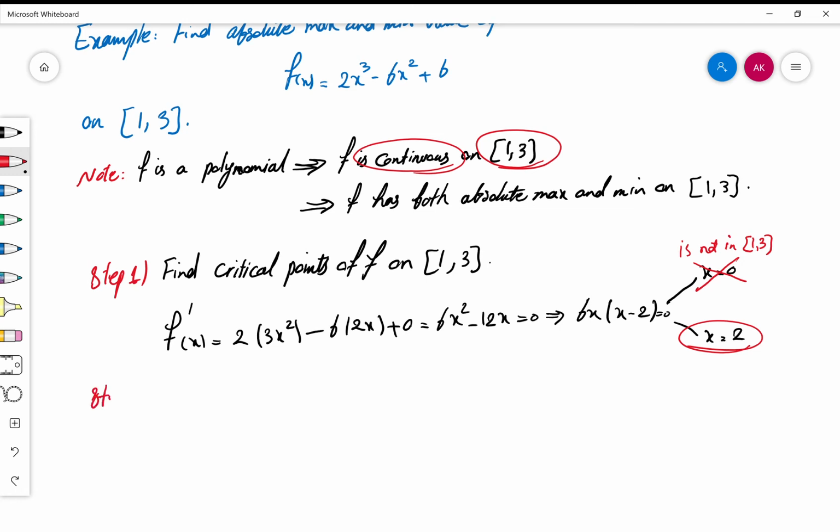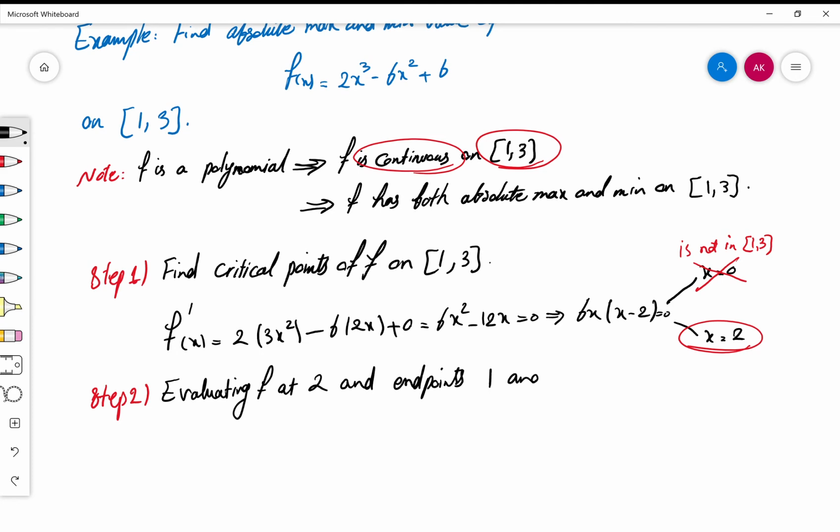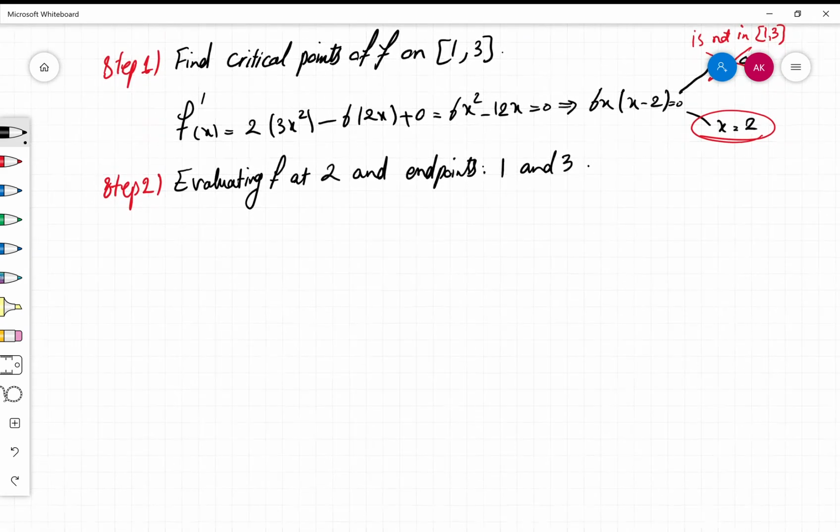So step 2 is evaluating f at 2 and the endpoints, which are 1 and 3. So we have to evaluate the function at these 3 points: f at 2, f at 1, and f at 3.